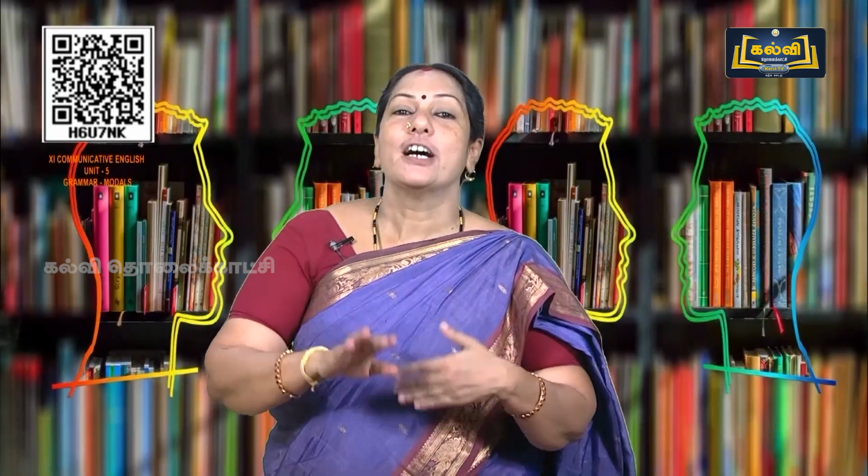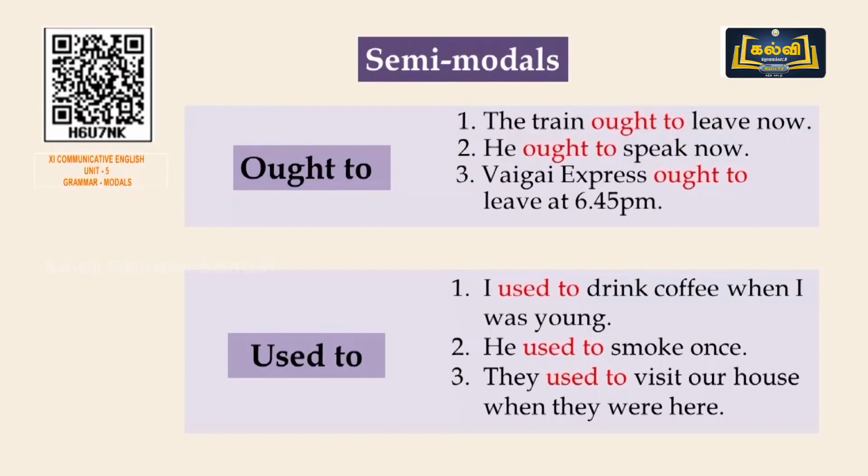Used to is very helpful to frame sentences showing your habits, what all you do regularly. Right? I used to drink coffee when I was young. He used to smoke once. They used to visit our house when they were here. You must have noticed here, used to shows the habit which had been done in the past, not at present.